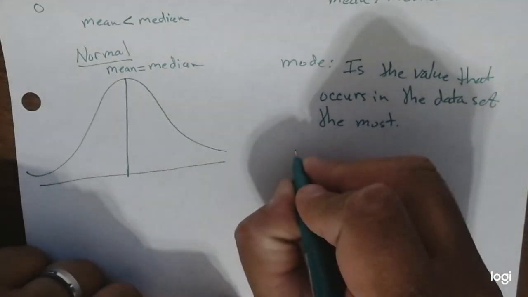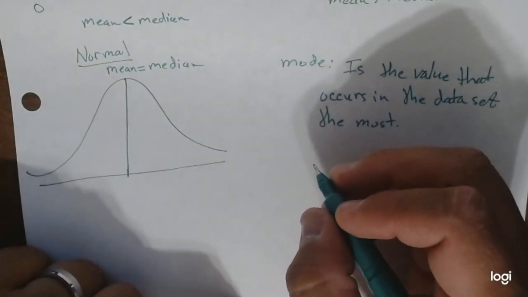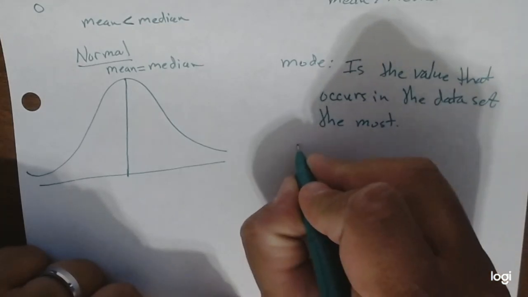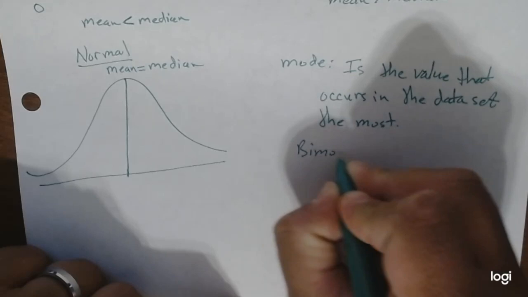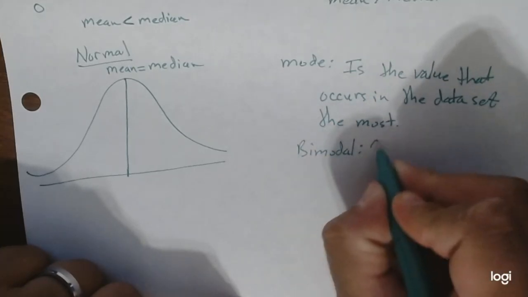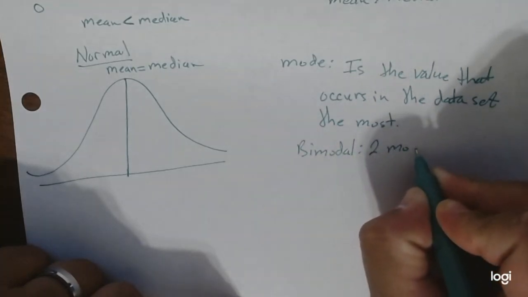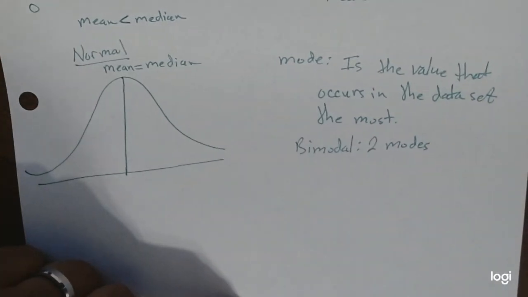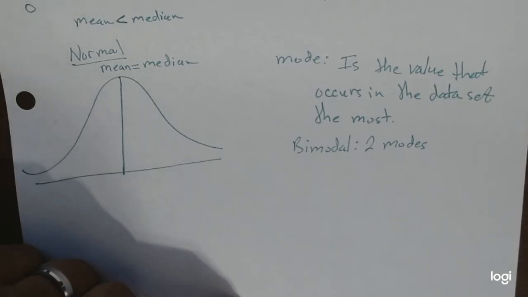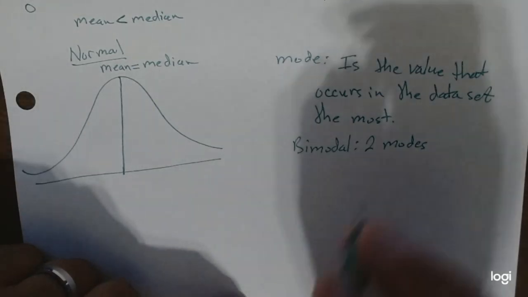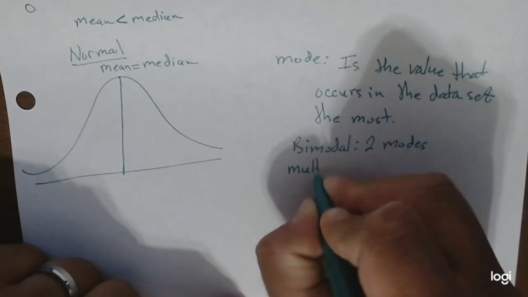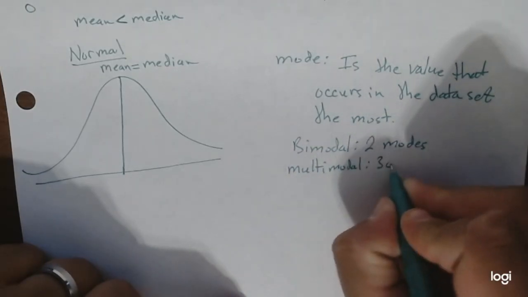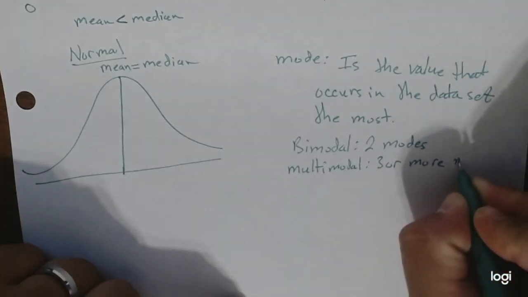When it comes to this though, we have three different ways of describing it. We can have something called bimodal, which means we have two modes. In other words, if I look at my data set, two numbers occur the same number of times, like a 5 and a 2 each occurring 5 times. We could have multimodal, meaning there are three or more modes.